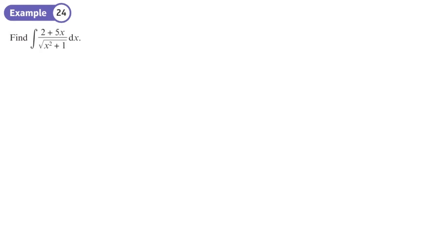Okay, so this one here, when we see two things in a numerator, not always, but if the top isn't like the bottom differentiated, you've got two things here, the first step is going to be to separate it out. So this is equal to integrating 2 over the square root of x squared plus 1 plus 5x over the square root of x squared plus 1 dx.